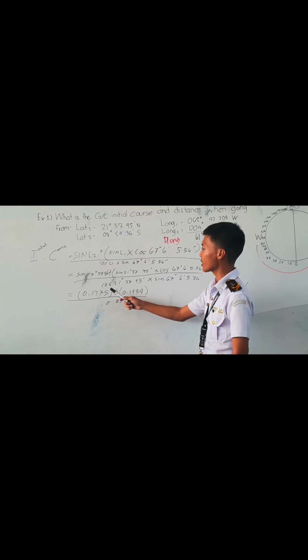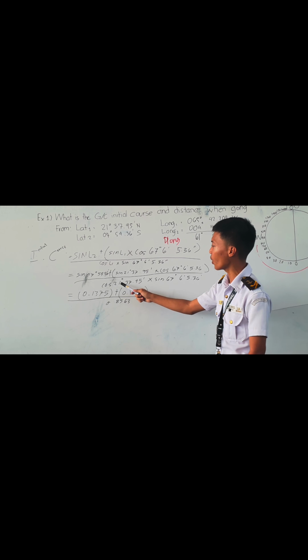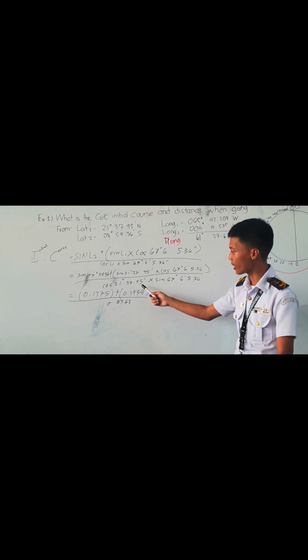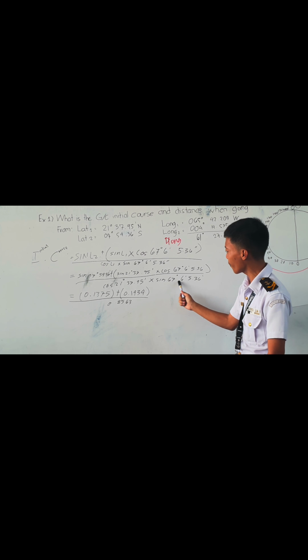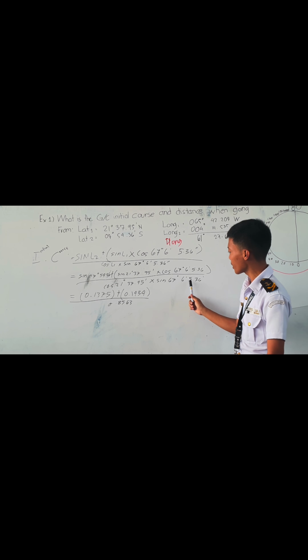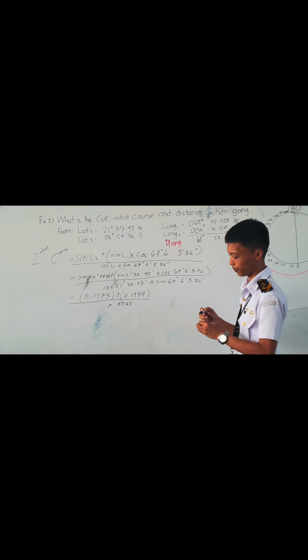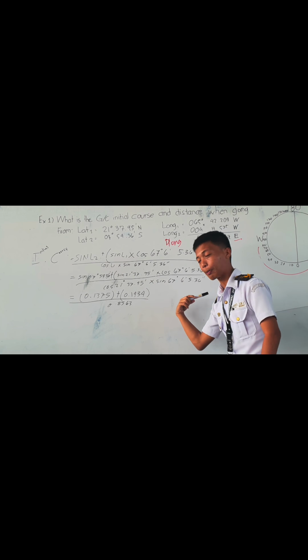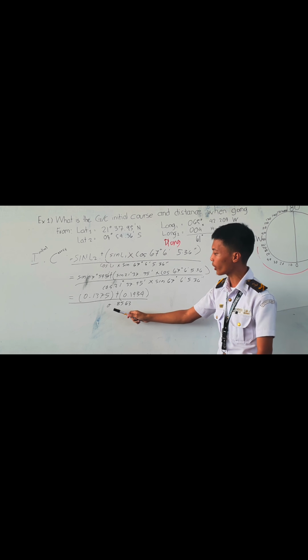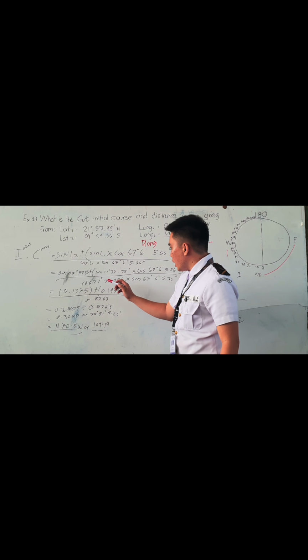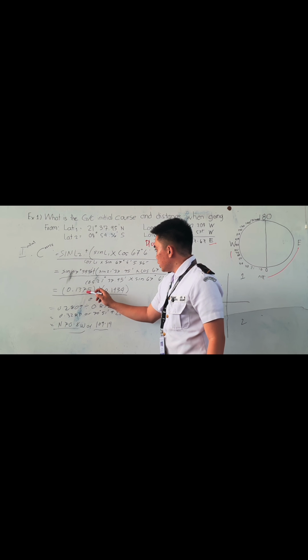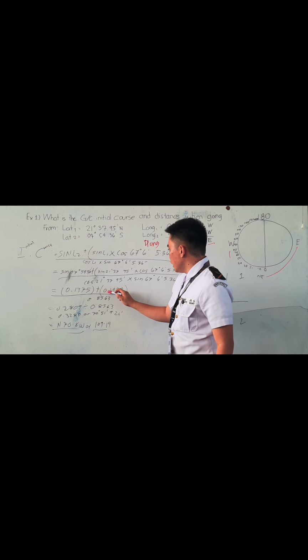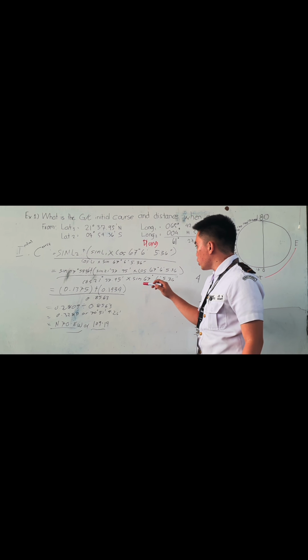Next one is cos 21 degrees 37.95 minutes times sin 67 degrees 6 minutes 5.36 seconds. So for this, you just need to multiply to get 0.8563.